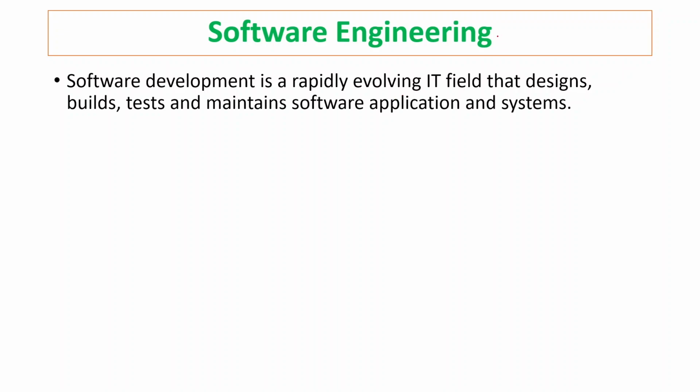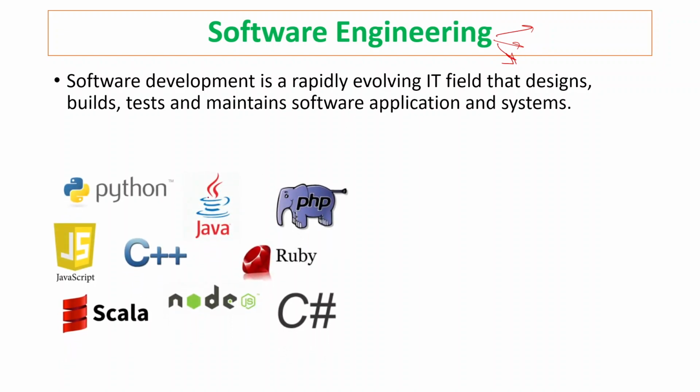When it comes to software engineering, we have three paths, right? Mainly we have three career paths, that means front-end developer, back-end developer, and full-stack developer. Basically, in software engineering you have a person who develops the application, website, mobile application, or enterprise level systems. For that, we are using programming languages.